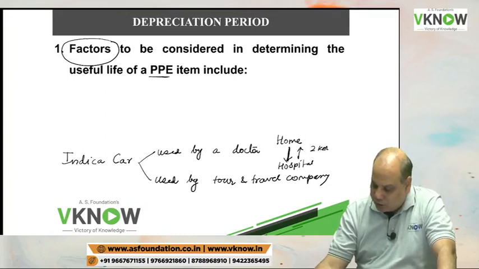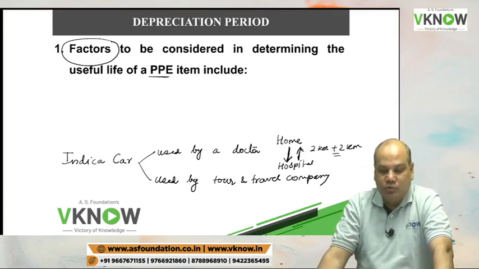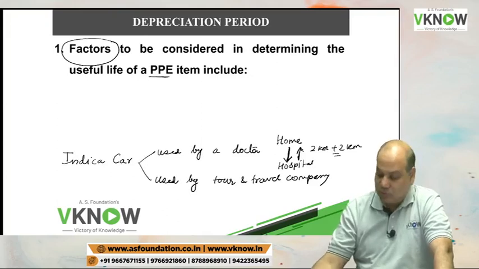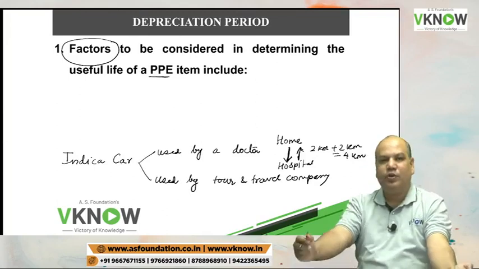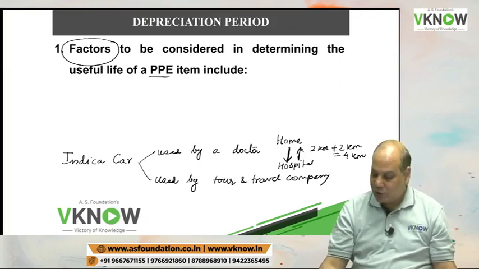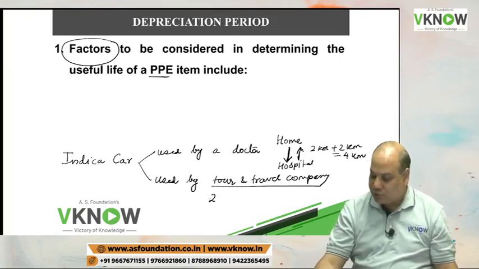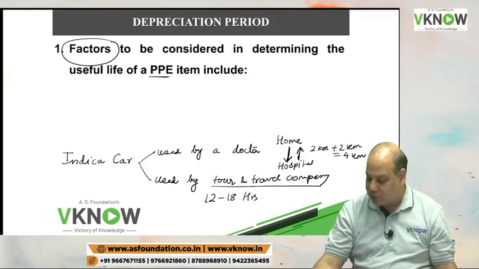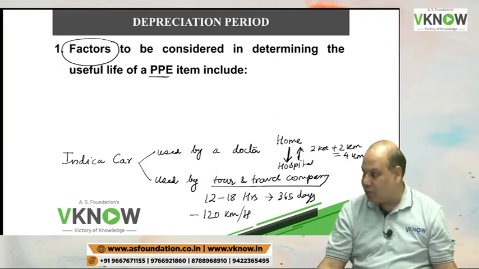So every day he will drive 2 plus 2, he drives 4 kilometers, and doctor drives very carefully, slowly, at the speed of 30 kmph. Tour and travel company, they drive this car almost 12 to 18 hours a day, 365 days. They drive at the speed of 120 kilometer per hour.